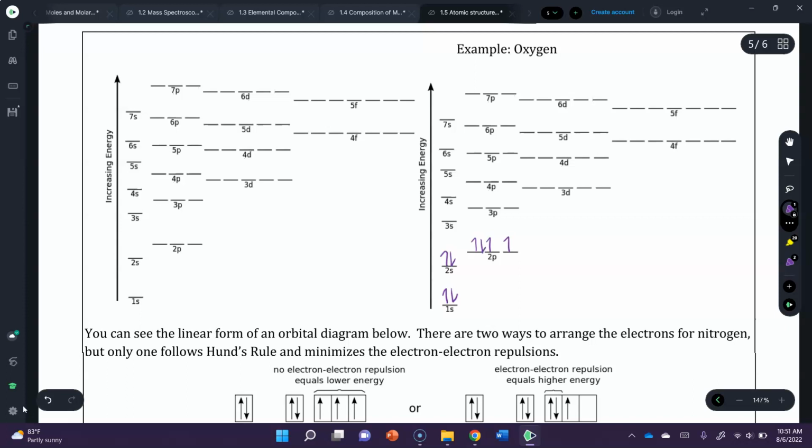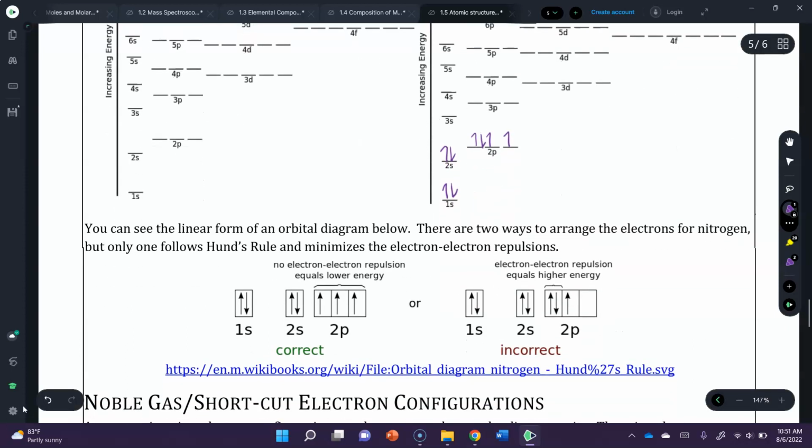Notice I filled single before I doubled up in the orbitals. I did up, then I filled down, and that's just by default, half up first, then the half down, but it doesn't matter really which one you do first, though traditionally it's half up first. You can see the linear form of the orbital diagram below.